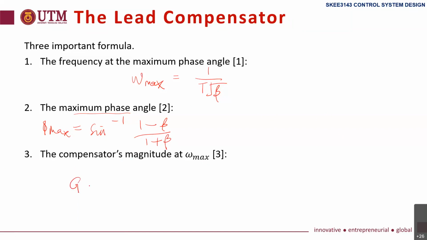Magnitude of GC at omega maximum. Magnitude is 1 over square root beta. These are three important formulas which will be used in designing the lead compensator.